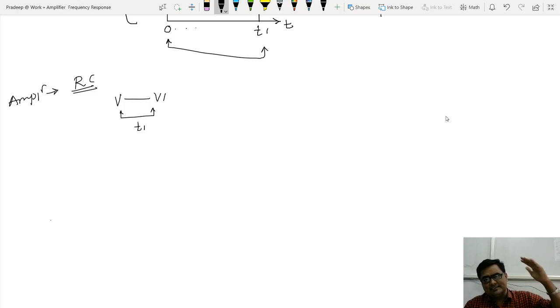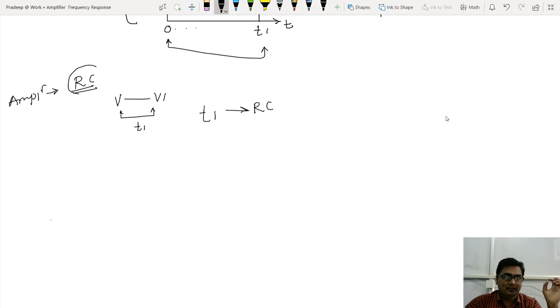The output voltage is actually V, and it is reducing towards V1 during time T1. Now, if I increase T1, or if T1 tends towards RC, where RC is the time constant of this RC circuit, then V1 starts going towards the value of 0.